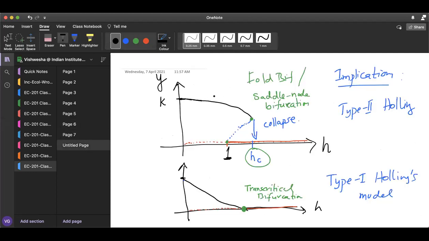So this entire graph is true only if k is greater than 1. If k is less than 1, what you will find is that you will again find a graph like this, even for this model. That is something I will leave for you to explore on your own.